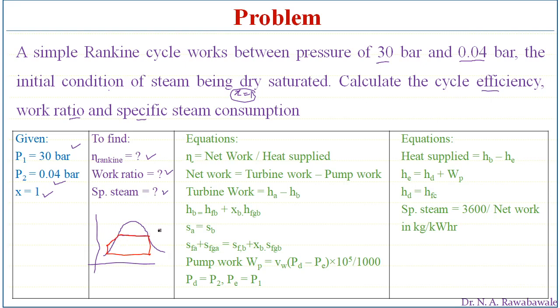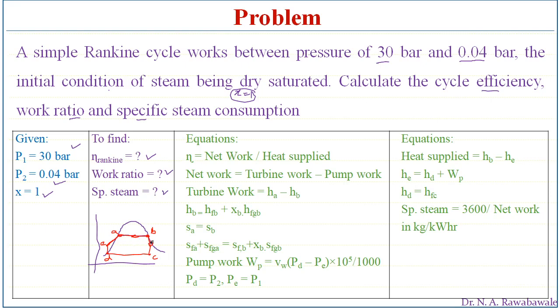Now we can see points A, B, C, D and E. A to B is conversion of liquid into dry saturated steam. From B to C it is expansion, and C to D it is condensation. D to E is pump work, and E to A is sensible heat addition.